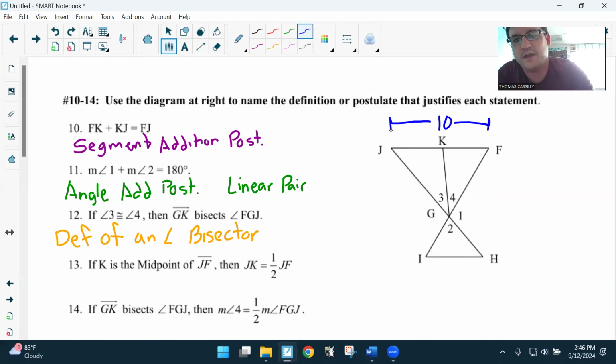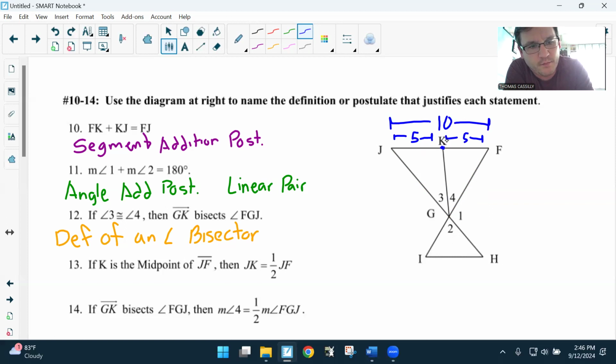What they're saying is K is the midpoint. Now, we know midpoints cut stuff perfectly in half. So this tells us JK has a length of 5 and KF also has a length of 5. All right. Now, what this says is JK is half of the whole thing, which should make sense. JF is 10. JK is just half of 10, being 5.